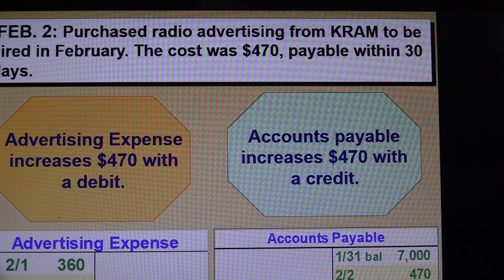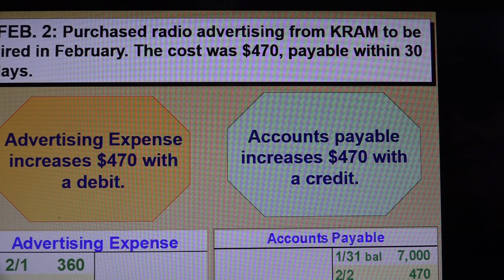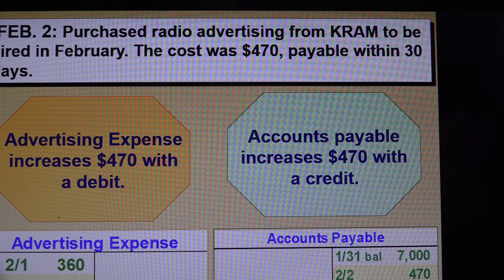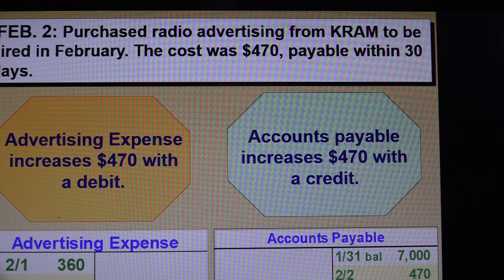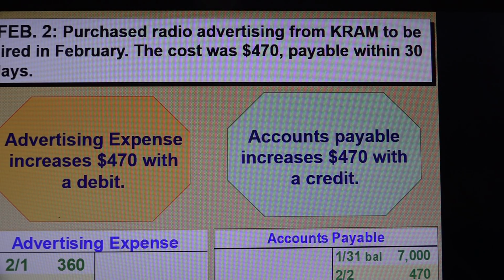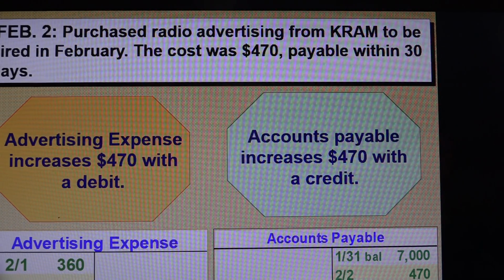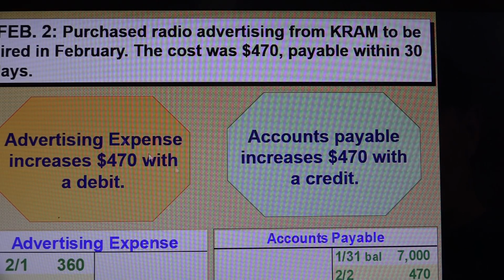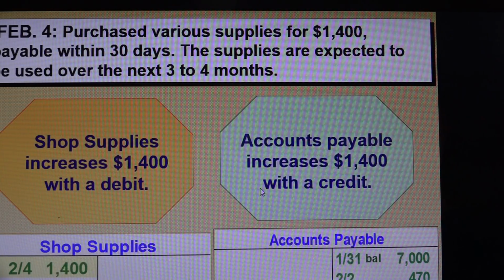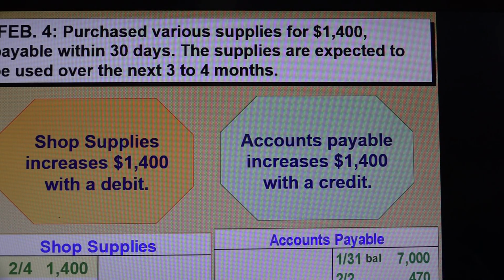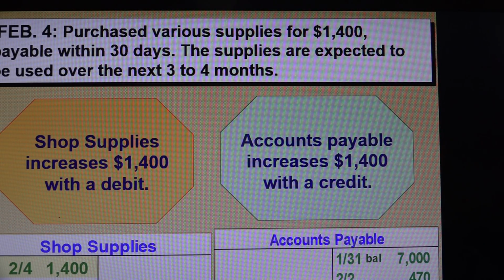We purchased radio advertising for $470 on the 2nd, payable within 30 days. So we incur it on February 2nd, even though we're not paying it till later. So we list it as an advertising expense, and then we put it in our accounts payable account because we're going to pay it at a later date. Purchase various supplies for $1,400 payable within 30 days.